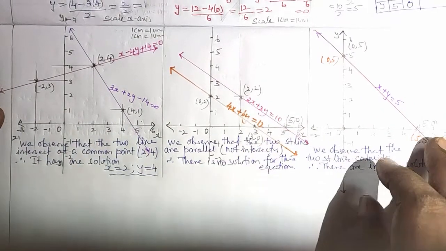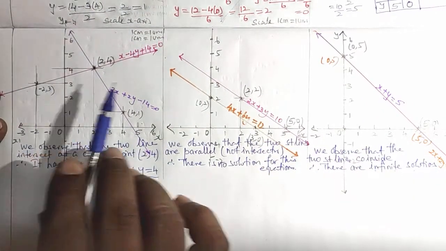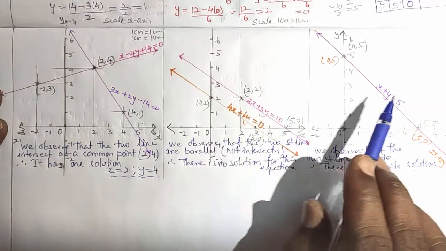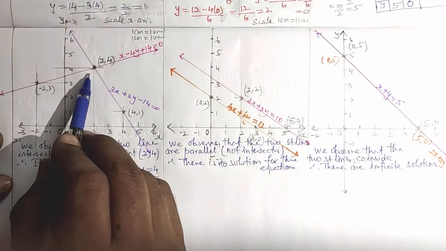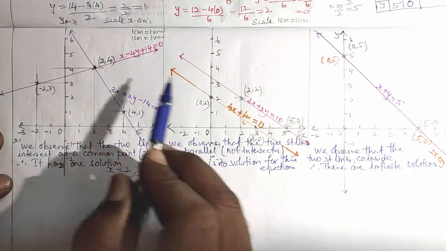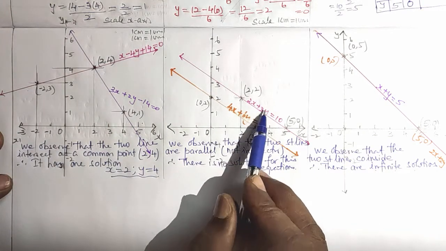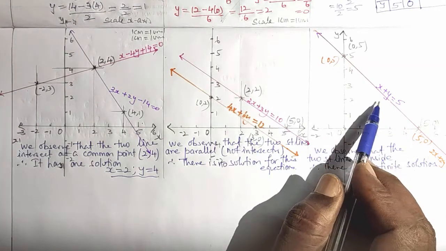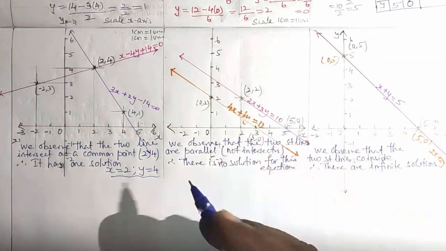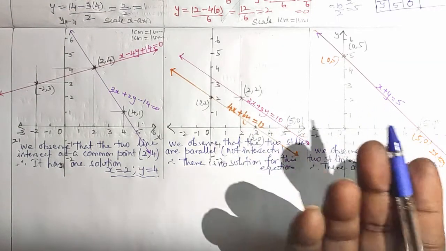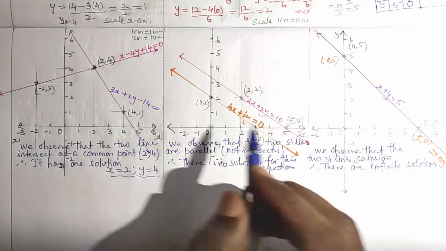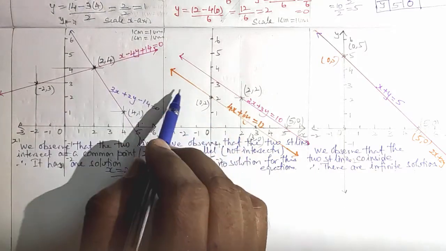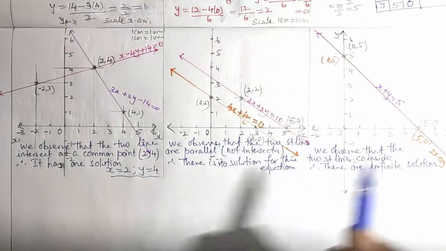In these 3 graphs, all the graphs are drawn for simultaneous linear equations in 2 variables. In one type we saw that the 2 lines are intersecting. In the other we saw that the 2 lines are parallel. In one more we saw that the 2 lines coincide with each other. Is there any other case that we can get? We cannot get any other case. If you draw 2 lines in a plane, they can be either intersecting lines, parallel lines or coincident lines.